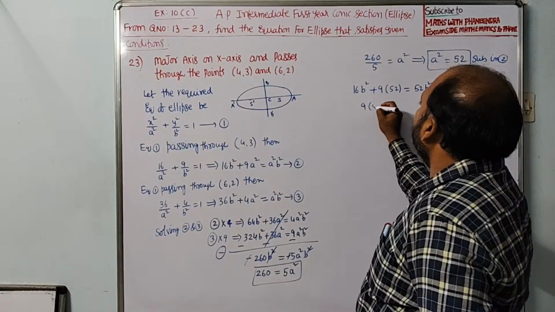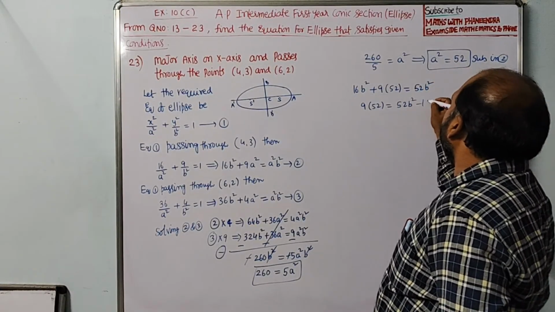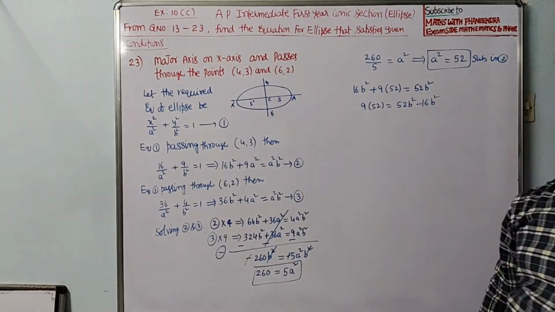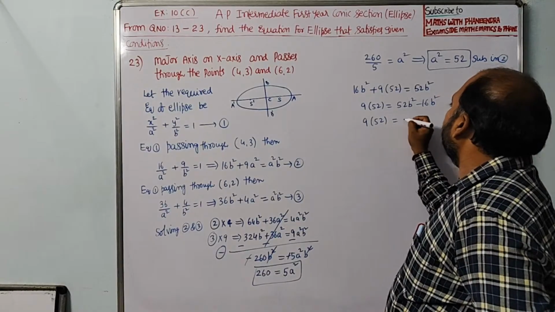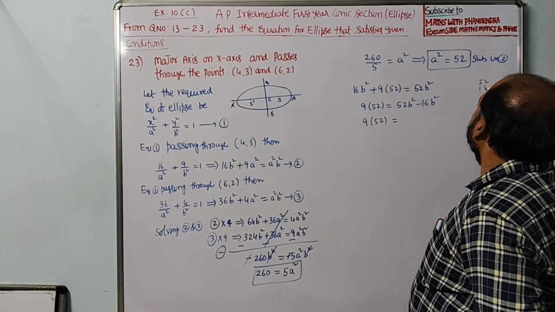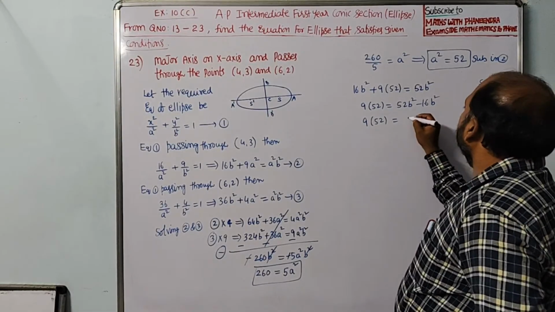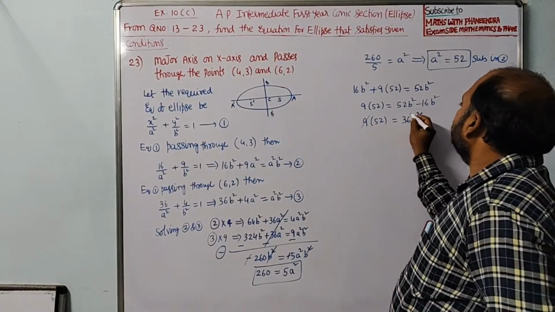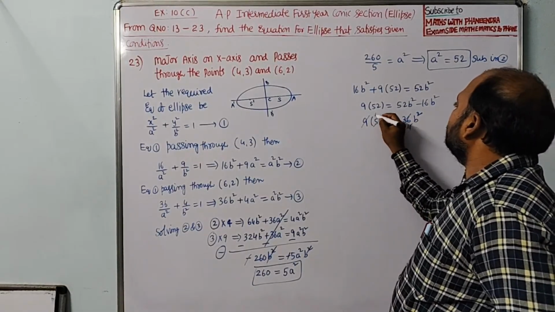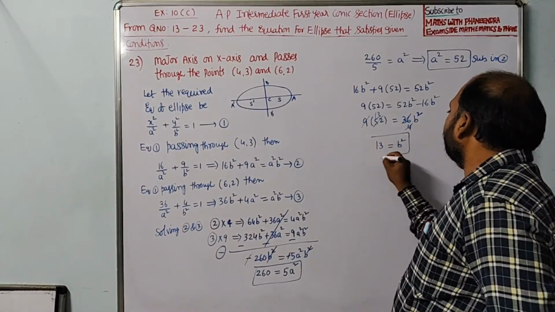So 9 into 52 is equal to 52b square minus 16b square. So 9 into 52 is equal to 52 minus 16, so 36b square. 9 ones are 9, 9 fours, 4 ones, 4 13s. So 13 equal to b square.